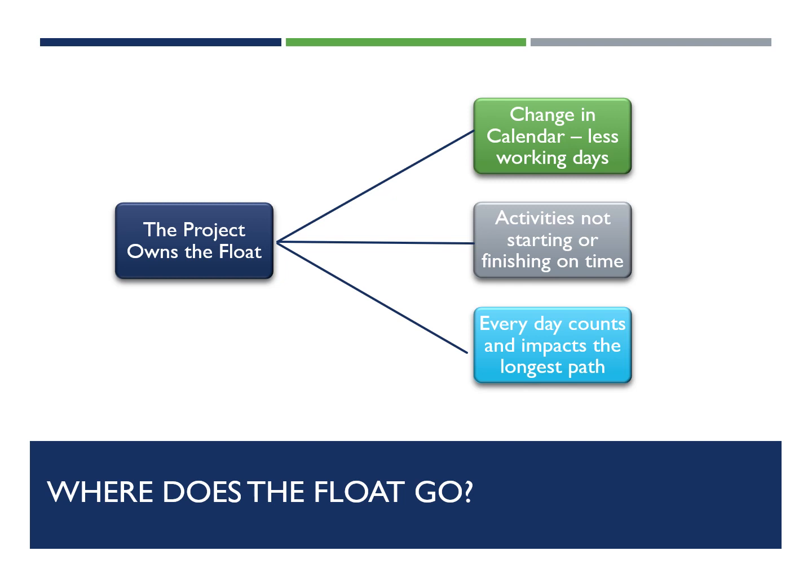Every day counts and impacts the longest path. So this is important, especially when you have trades or subcontractors that look at the schedule and say, oh, I have 10 days of float, I got 2 weeks before I have to get that done.